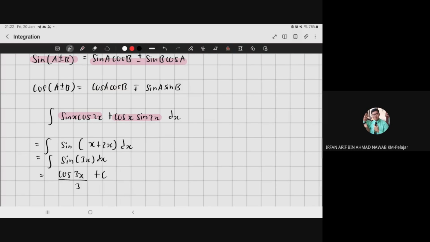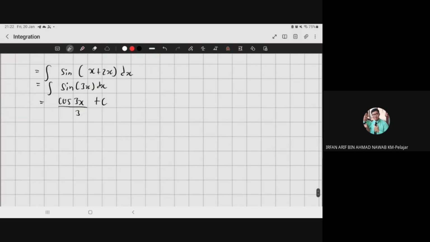All right then. So basically, for integration by substitution, generally speaking, we would refer to this. We integrate a function inside of another function.